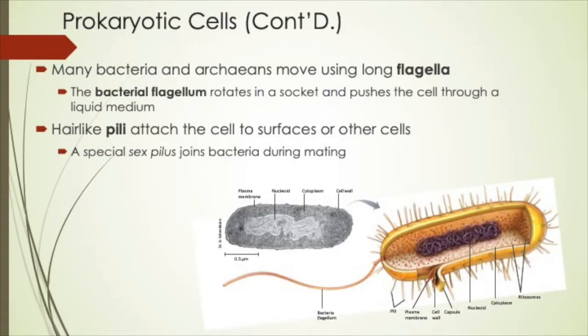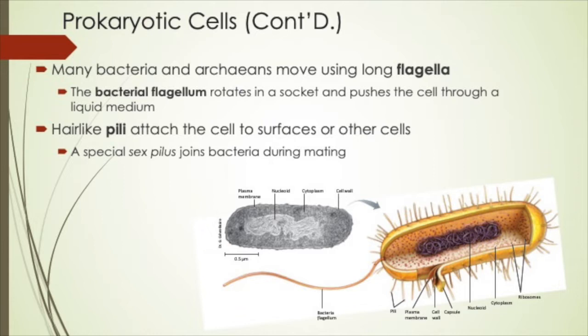All right. When the glycocalyx is loosely associated with the cell, it's a slime layer. It's a capsule, so it's kind of what I was talking about. Flagellum. So this is kind of the way that bacteria move.